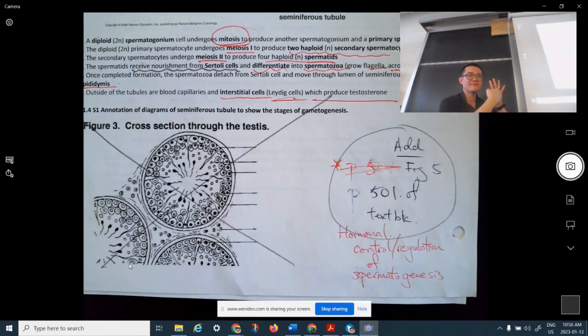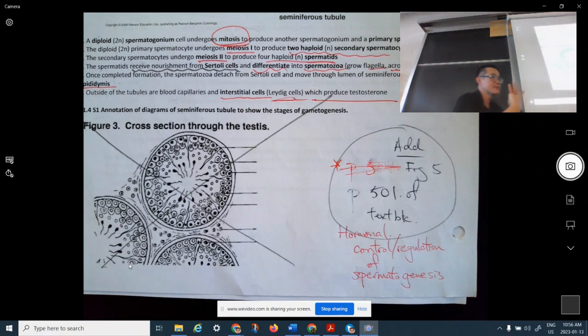What is that key event? It's helping you to review right now. If you actively participate, it's a way to review. Ovulation. Good. So the key event in the menstruation cycle is ovulation.